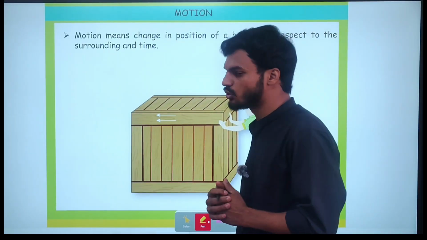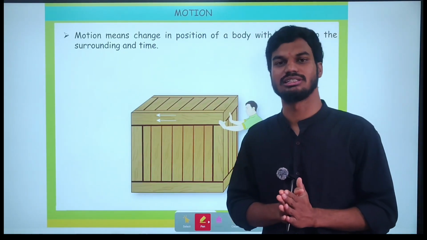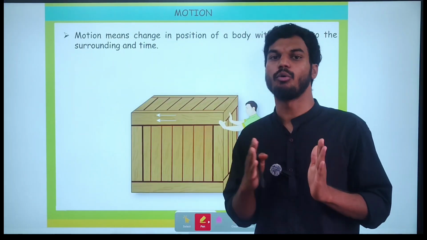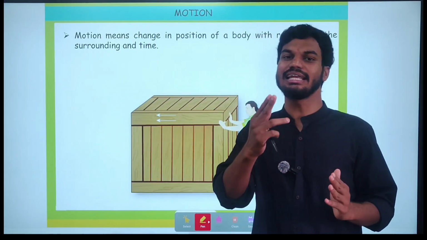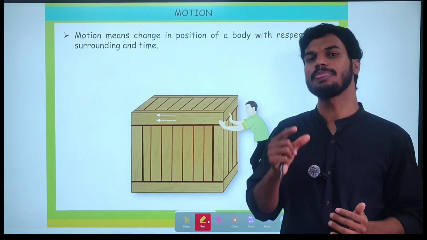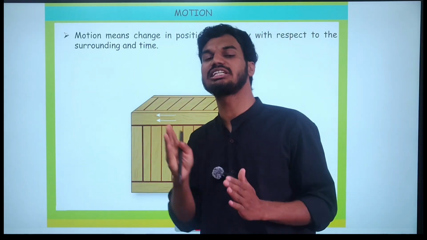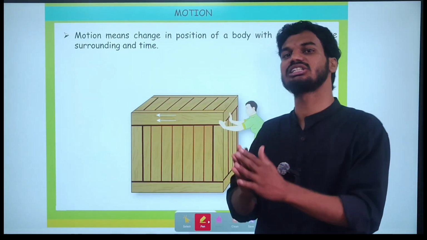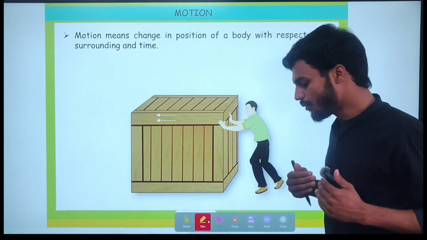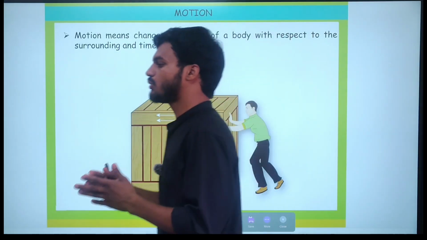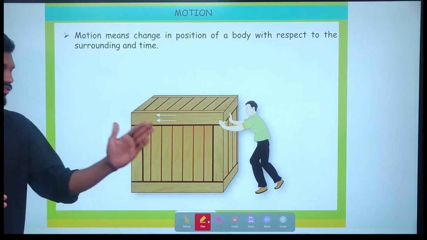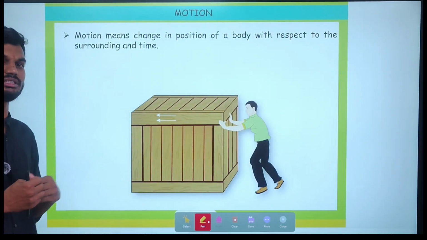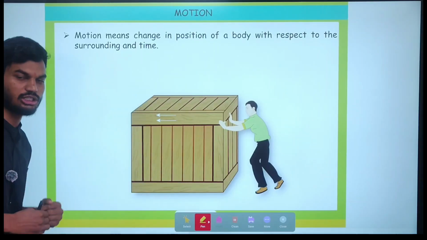First, our chapter name is motion. Simply, what is meant by motion? Motion means movement. Simply, it is changing the position of an object from one place to another with respect to time as well as the surroundings. For example, I am moving from this position to this position. With respect to time, my position was changed from that side to this position.